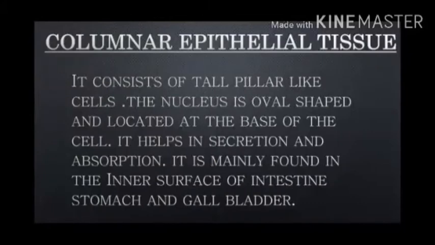Now we are moving on to number 2, columnar epithelial tissue. What is columnar epithelial tissue? It consists of tall pillar-like cells, and the nucleus in it is oval-shaped and located at the base of the cell.